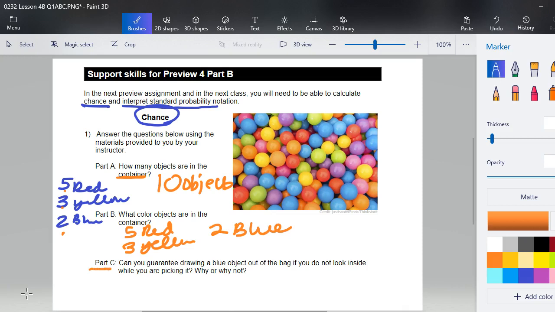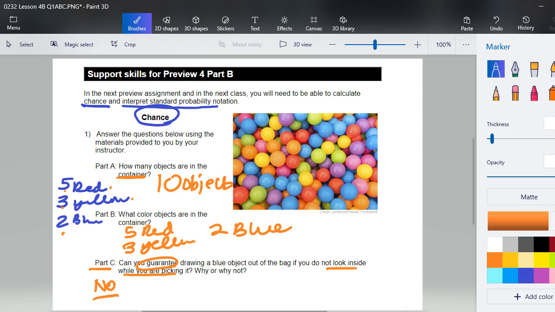Can you guarantee drawing a blue object out of the bag if you do not look inside while you're picking it? Can you guarantee this? The answer is no, as long as you didn't make something you could tangibly feel the difference, like 5 red pieces of paper and 3 yellow balls.